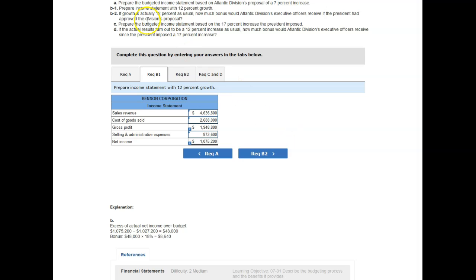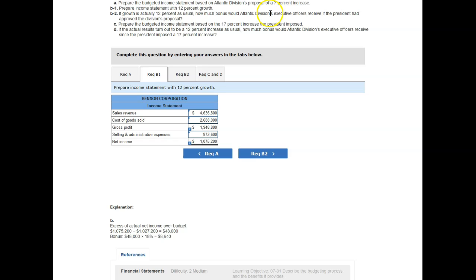Now let's look at part B2. Read it closely. If growth is actually 12%, so now we're looking at the end of the year, and if they see that the growth was actually 12%, how much bonus would the Atlantic Division's executive officers receive if the president had approved the division's proposal? Now the proposal was 7%.